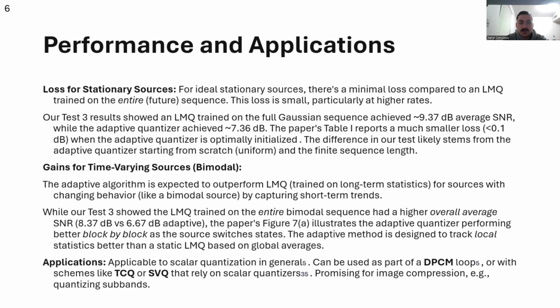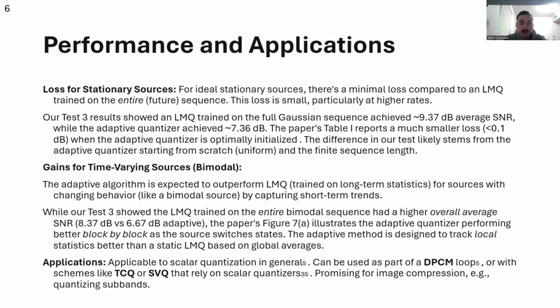For stationary sources, when the statistics don't change, there is a small performance loss compared to a fixed LMQ designed optimally for that source. The paper's Table 1 indicates this loss is minimal, less than 0.1 dB when optimally initialized. Our test 3 comparison shows a large difference.